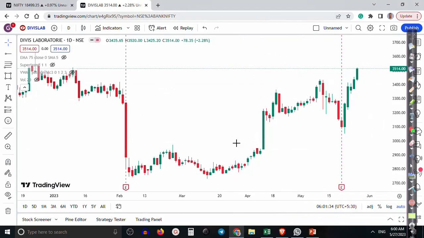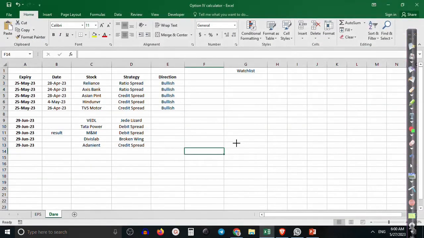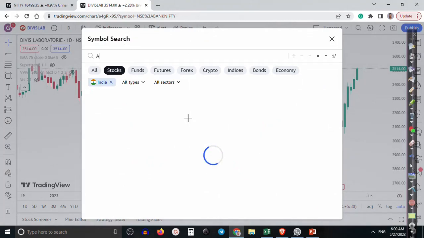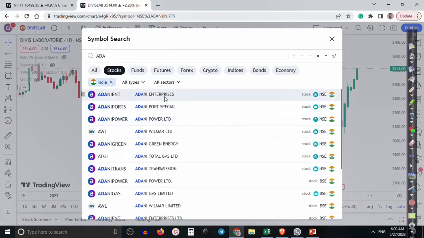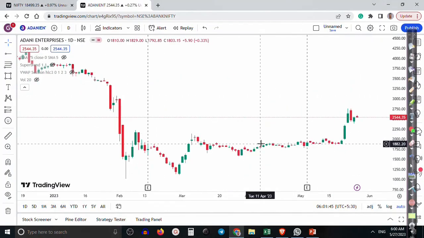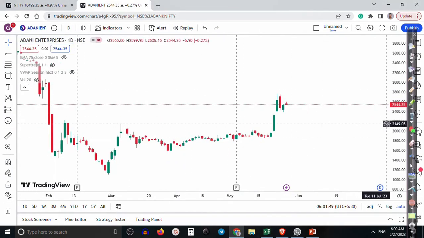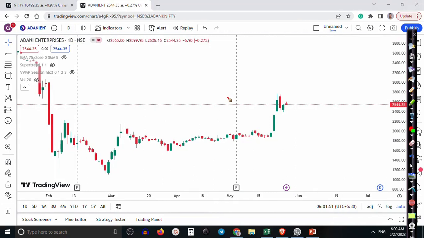Another was a credit spread in Adani. Adani has high implied volatility right now, which is why we use a credit spread. A credit spread, as I said, should look like that. The stock price is somewhere here, and my break even is here.